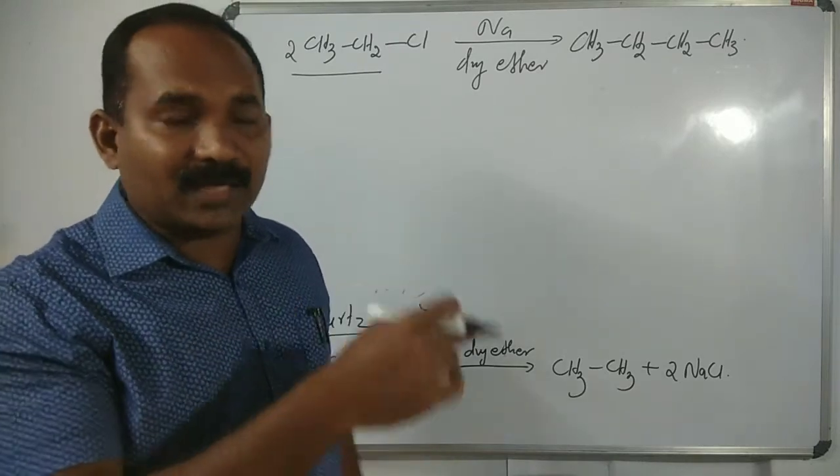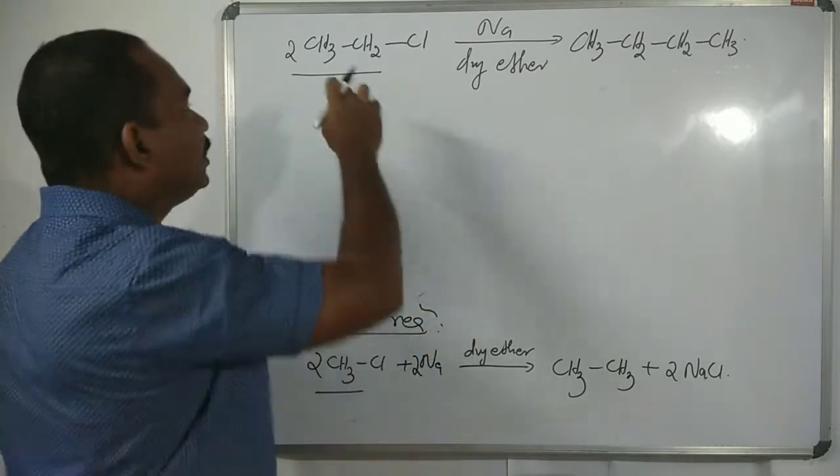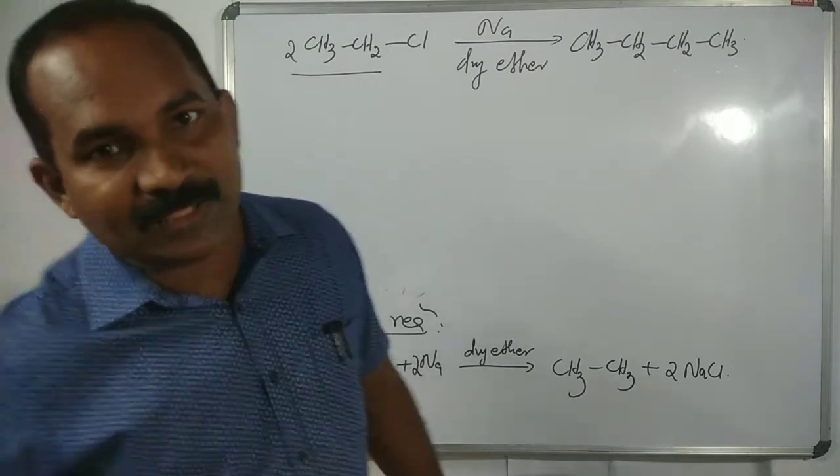So the number of carbon atoms in the product is twice the number of carbon atoms in the reagent.